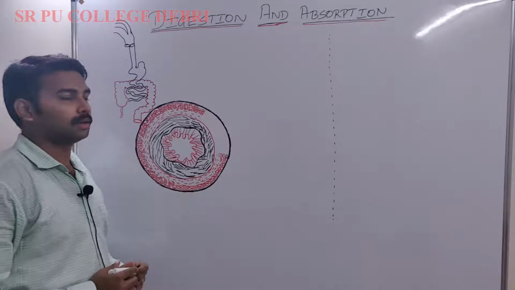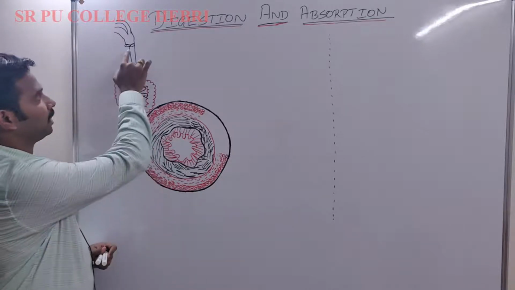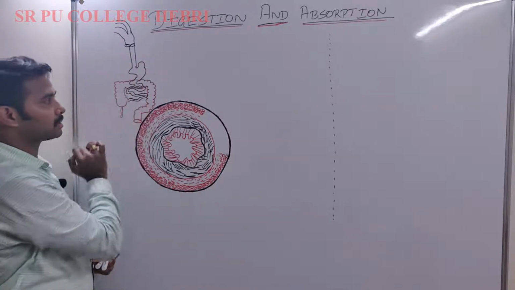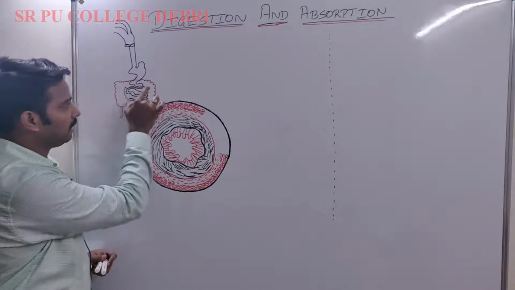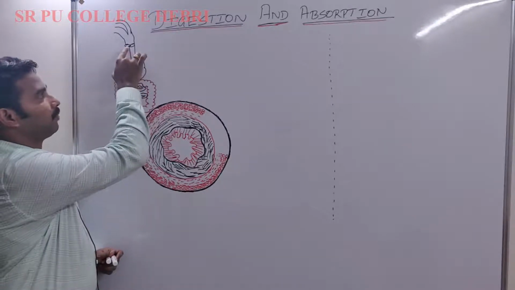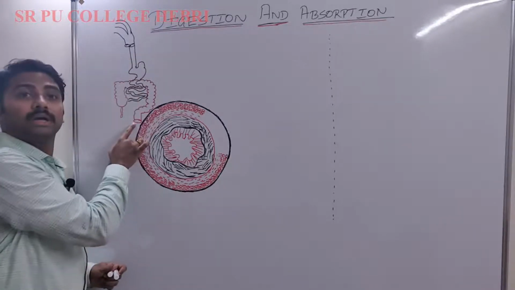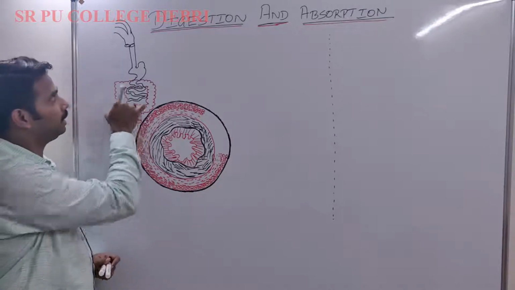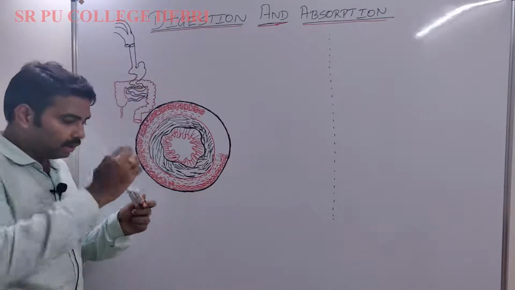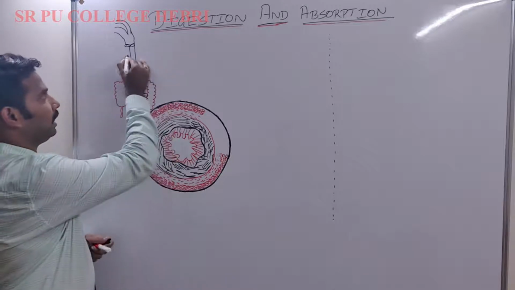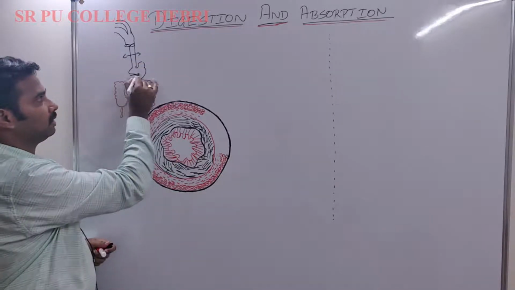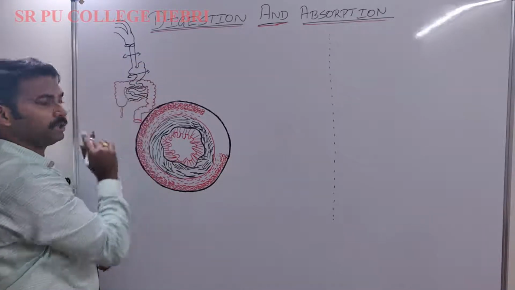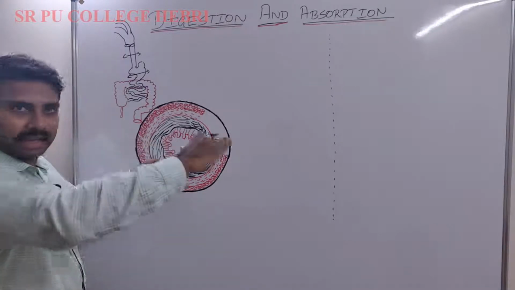Hello students, if you start from the esophagus, stomach, small intestine and large intestine, that means from the esophagus up to the anus or the large intestine, wherever you want, you take a section. Wherever you want, you take a section, focus that particular region under the microscope, take a slice.